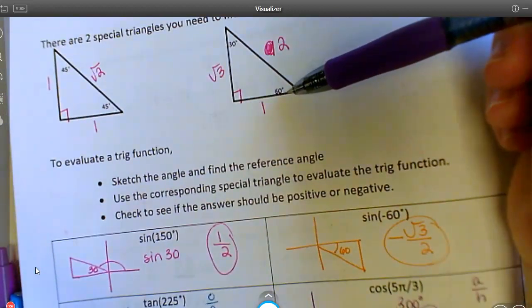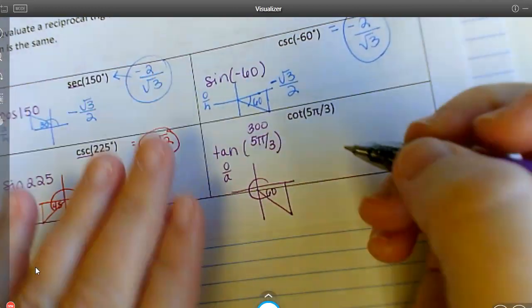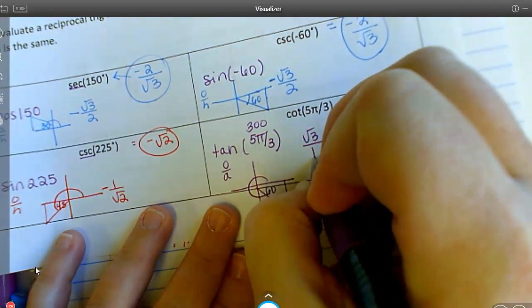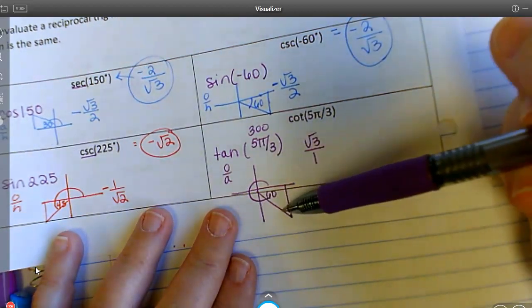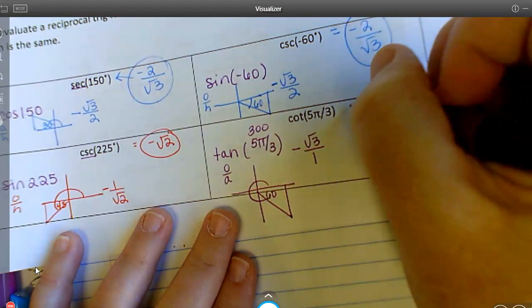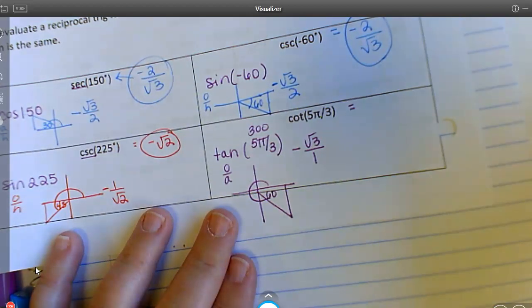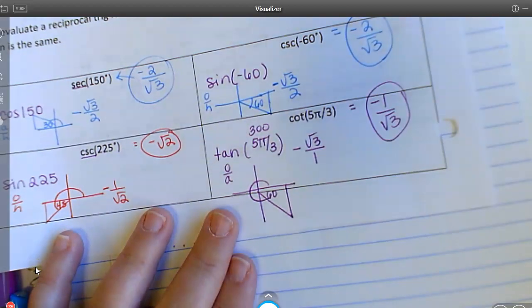O and A. Square root of 3 over 1. Alrighty. ASTC. Cosine is positive, so tangent is negative. And then for cotangent, I want to flip it. So negative 1 over square root of 3, and there's cotangent.